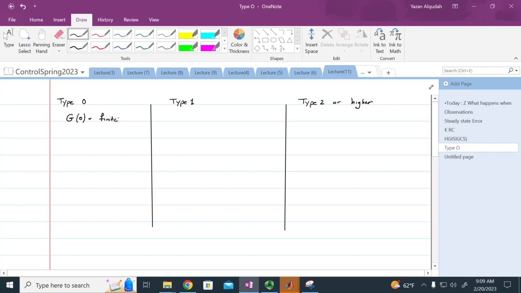Again, type 0, there's no integrators in the denominator, so when we evaluate it at 0, it's going to just equal to a finite value. So therefore, the steady state error is going to equal to 1 over the limit as s goes to 0 of g of s, oh, multiplied by s.